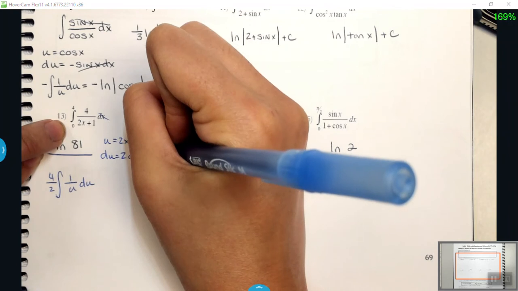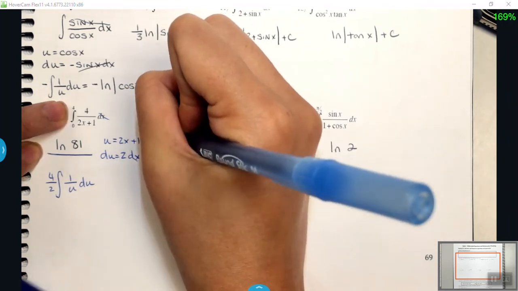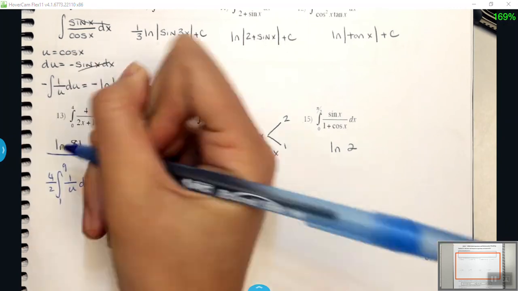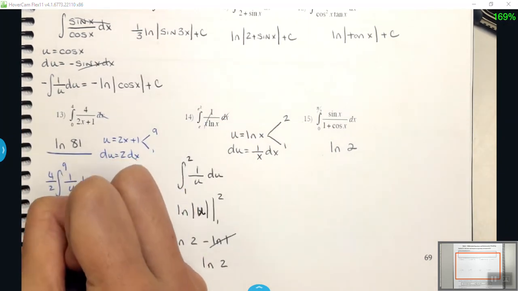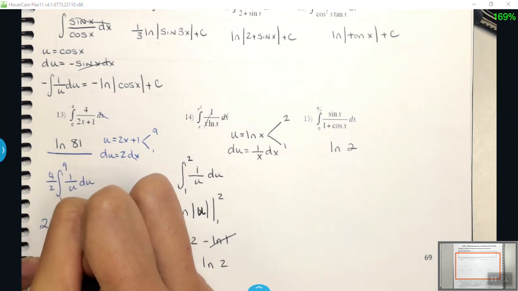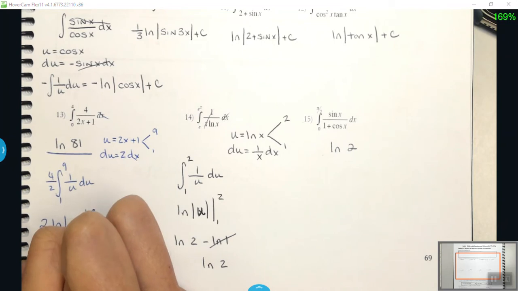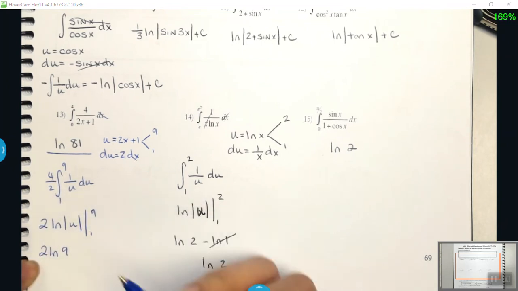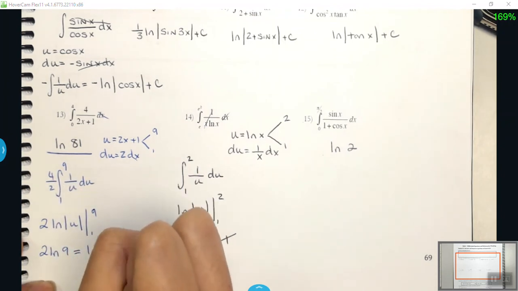Change your bounds from 0 to 1, and then 4 to 9. So we're going from 1 to 9. And this becomes 2 natural log absolute value u from 1 to 9. So it's 2 natural log 9, and then natural log of 1 is 0, so I'm not even going to subtract it. And then that equals natural log of 81.